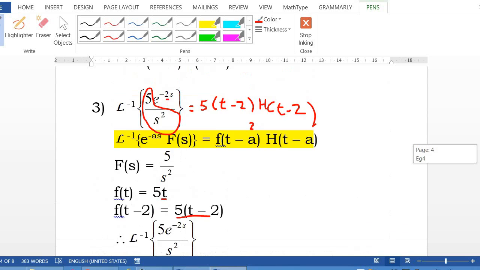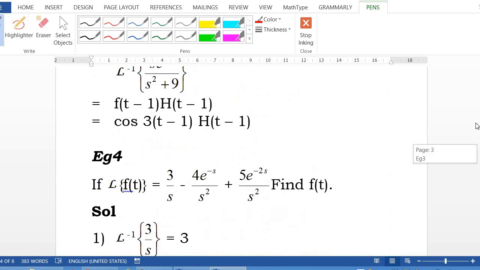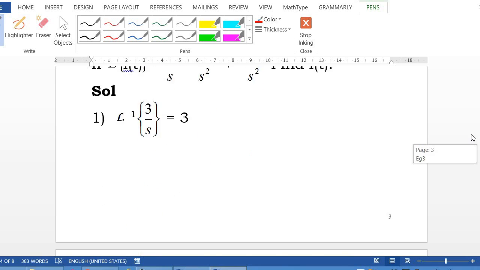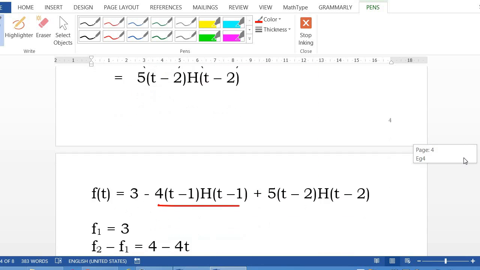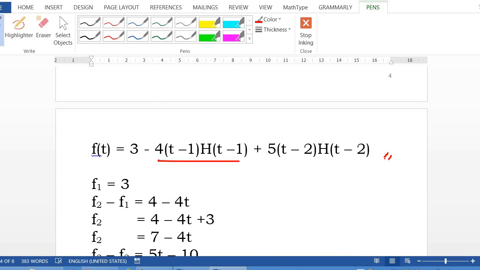To plot the graph, if the question says find f(t), you may stop here, but sometimes they want you to write the answer in the unit step function.